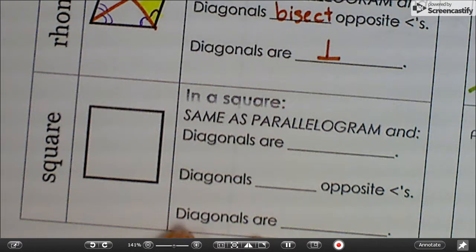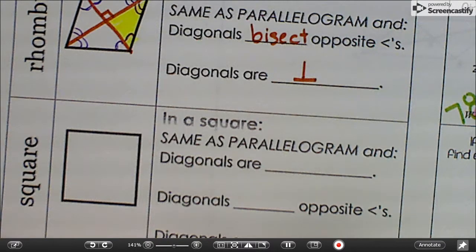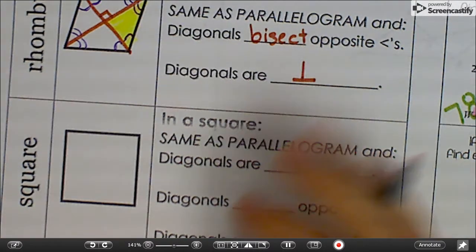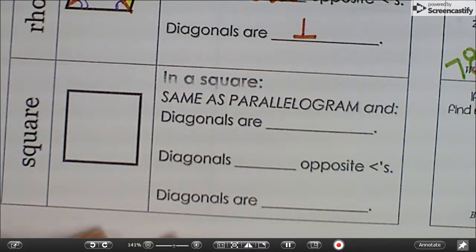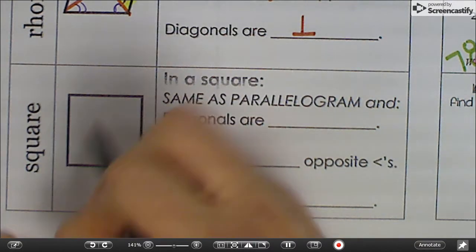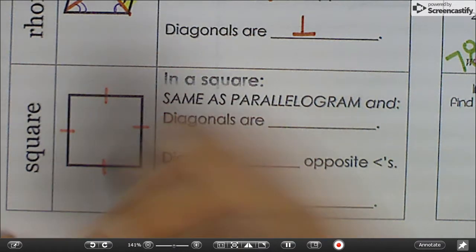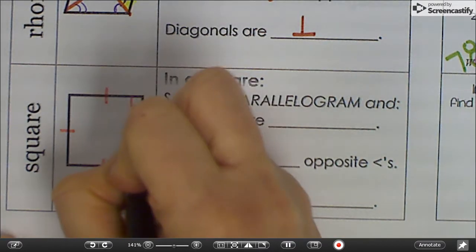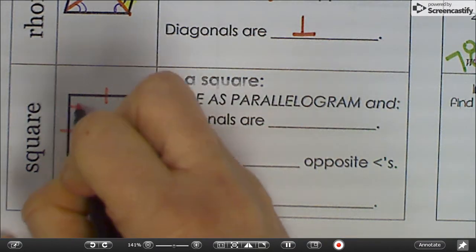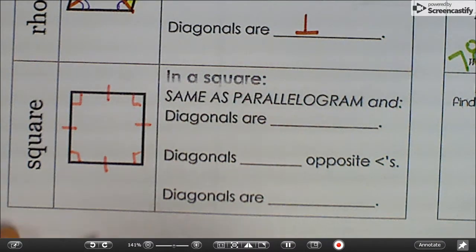A square is just a combination of a rectangle and a rhombus. So it combines the properties that go with those. In a square, it has 4 congruent sides by definition. It has 4 right angles by definition. That's what makes it a combination of a rectangle and a rhombus.